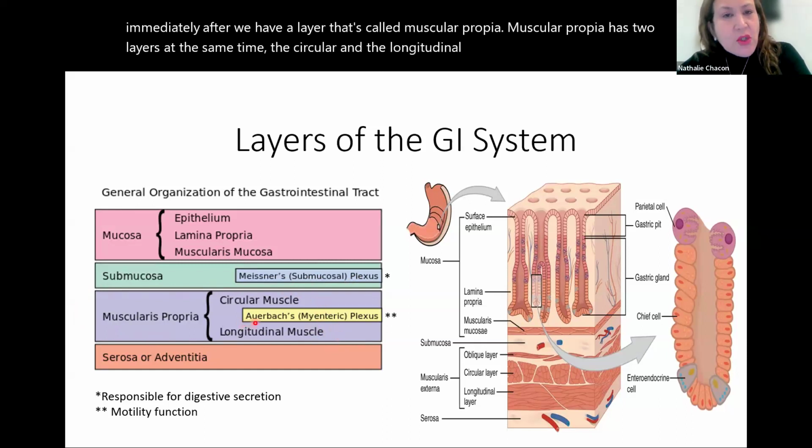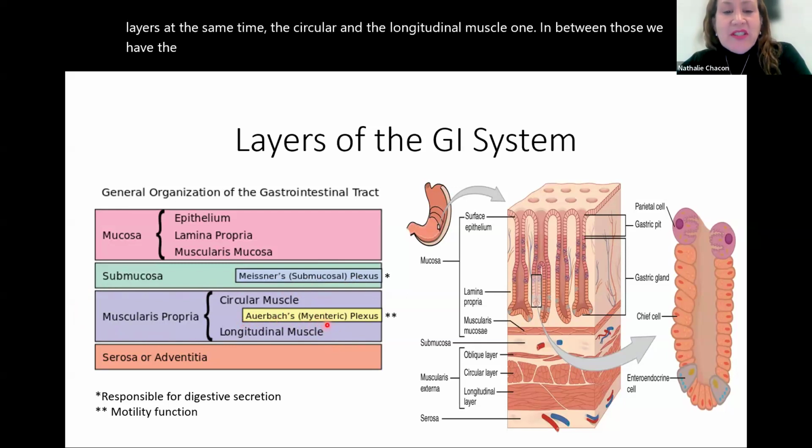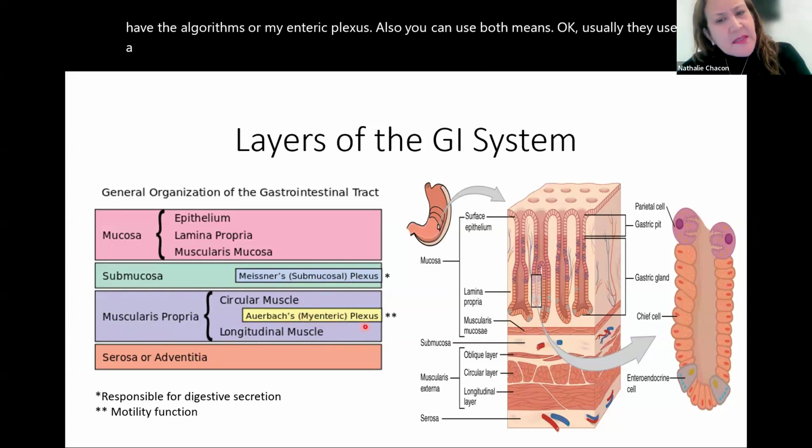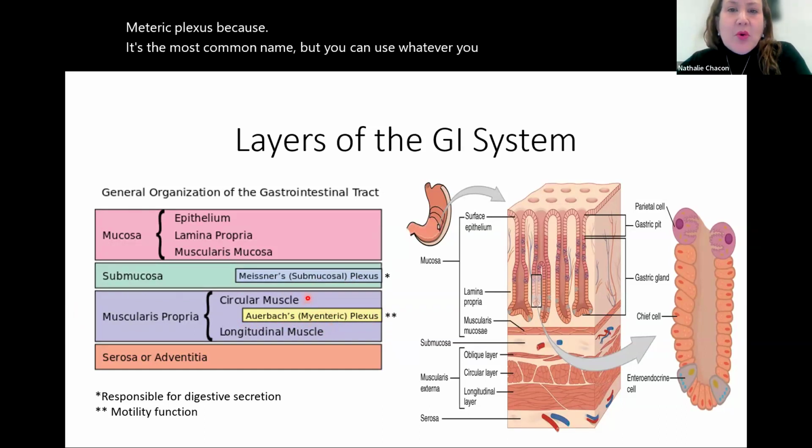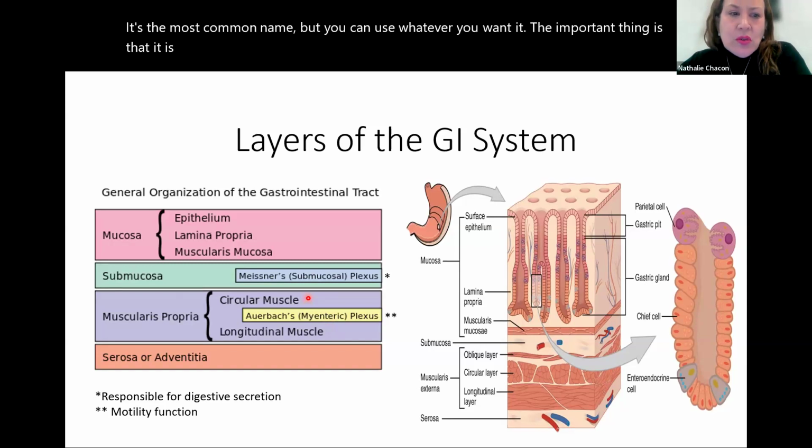In between those, we have the Auerbach's or myenteric plexus. You can use both names. Usually they use myenteric plexus a lot because it's the most common name, but the important thing is that it is between the two different types of muscle fibers.